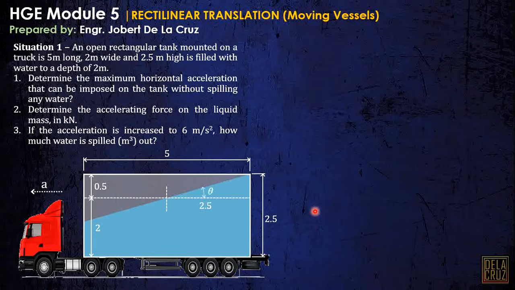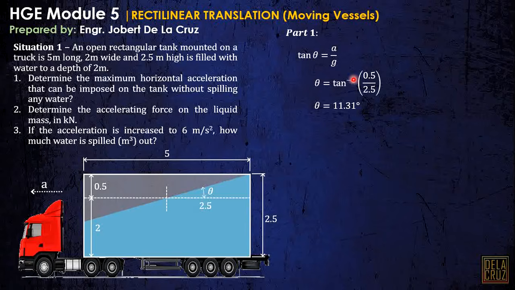We can calculate that angle theta. Okay, for part 1, tangent of theta is equal to acceleration over the gravity. Then, by this figure, considering this right triangle, this theta is equal to arctangent of opposite 0.5 over the adjacent 2.5. Then we have the angle of theta, 11.31.